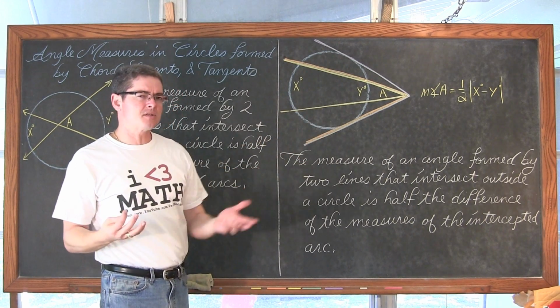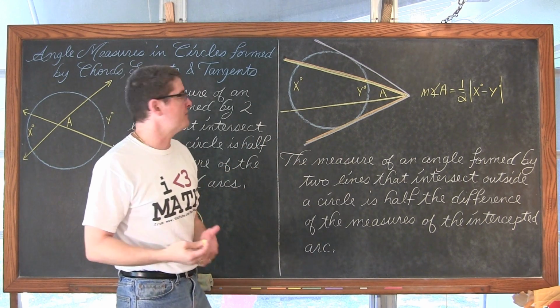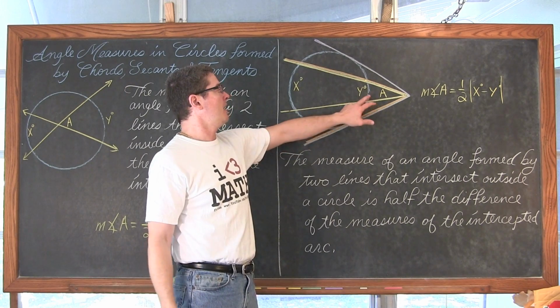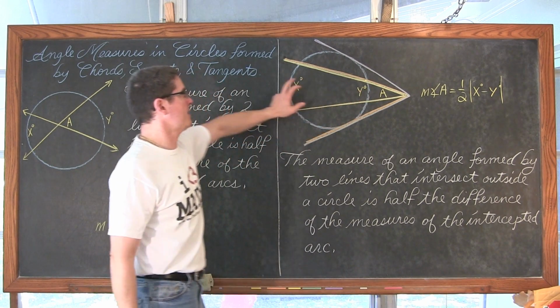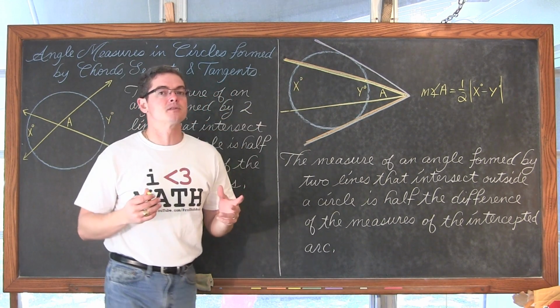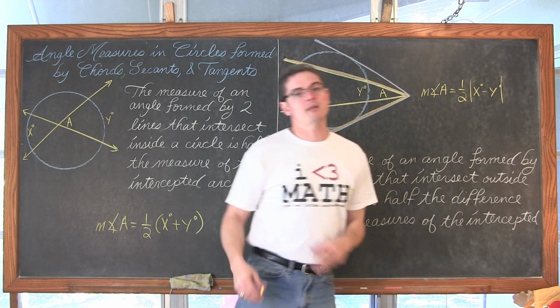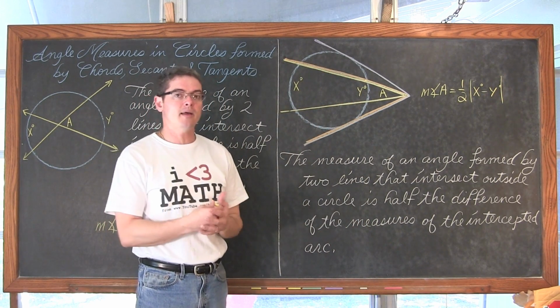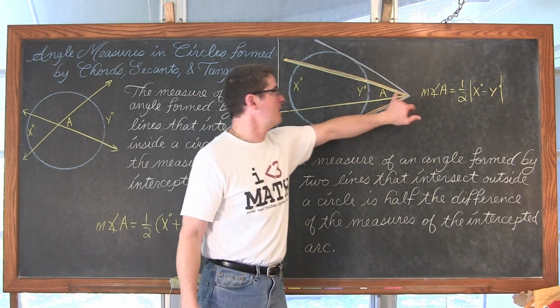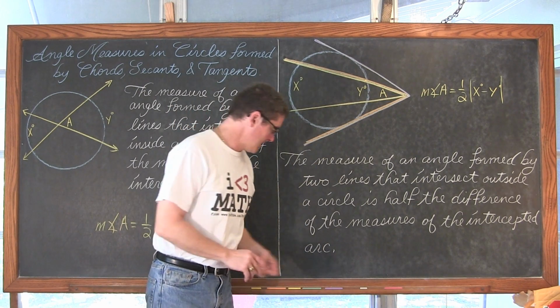If your textbook uses absolute value symbols, that simply means that if you accidentally do the small arc minus the larger one and get a negative difference, the absolute value will make it positive, making sure you end up with a positive measure for angle A.